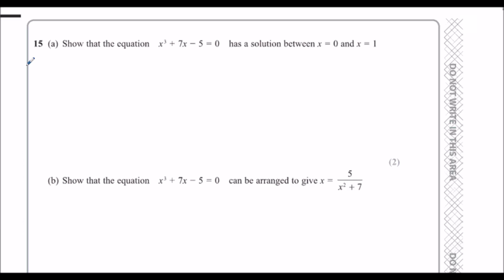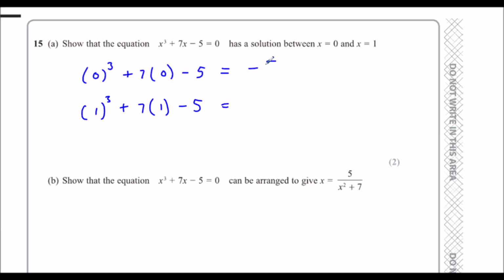Question 15. So part A, show that the equation x cubed plus 7x minus 5 equals 0 has a solution between 0 and 1. So we're going to substitute in 0. We're going to substitute in 1. So if we substitute in 0, we get negative 5.